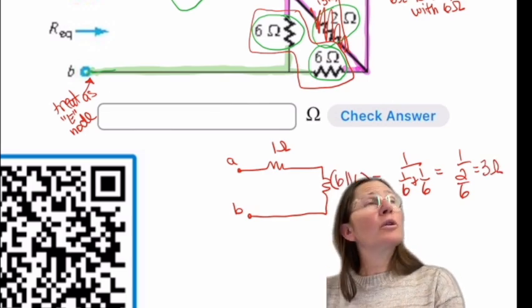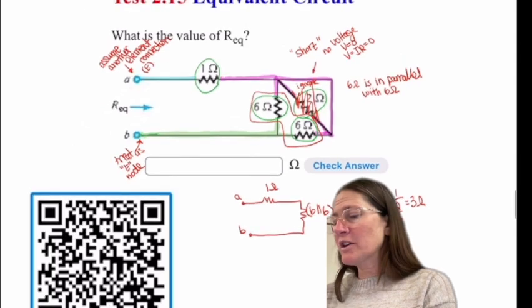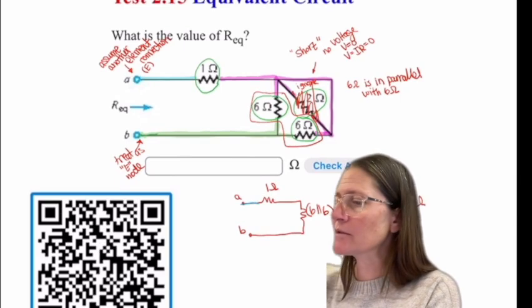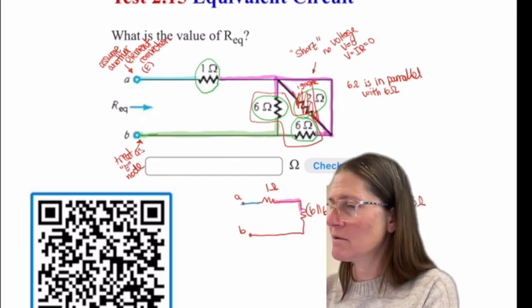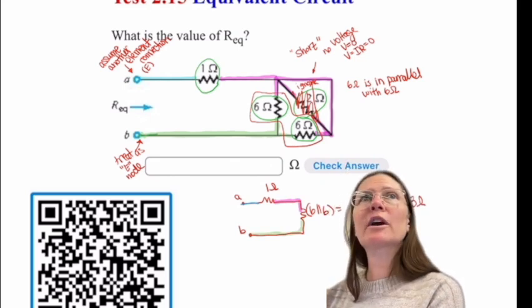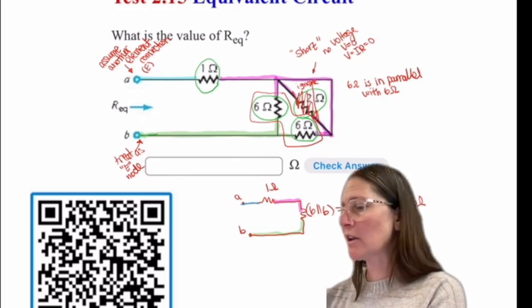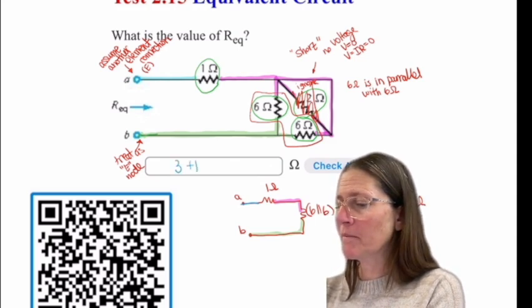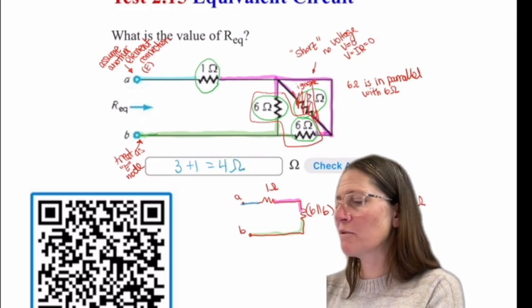So with that, hopefully then you can see that as I highlight these, they are in series. And those are all connected by ordinary nodes now. And so I would say that we have 6 ohms in parallel with 6, which is 3 plus 1. So this answer would be 4 ohms.